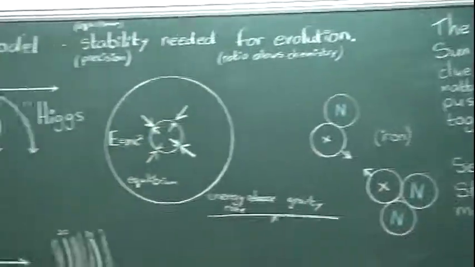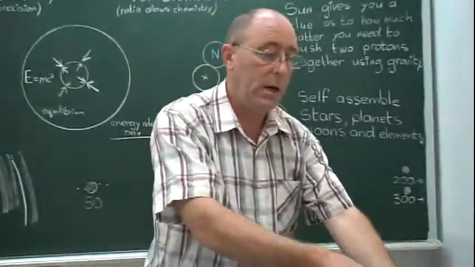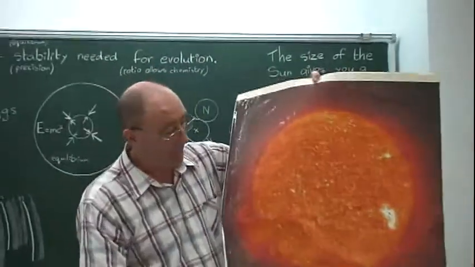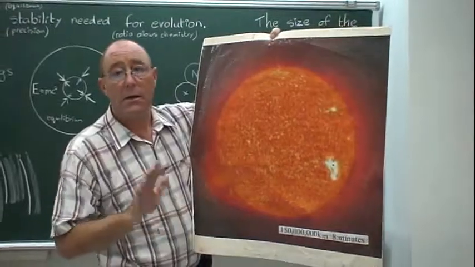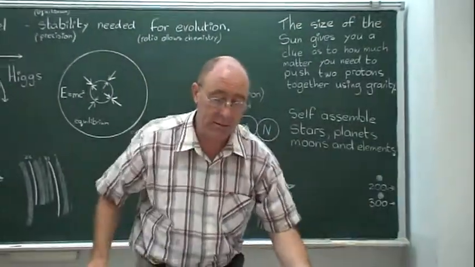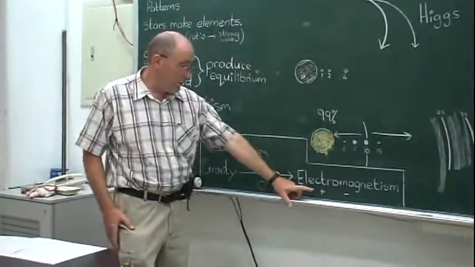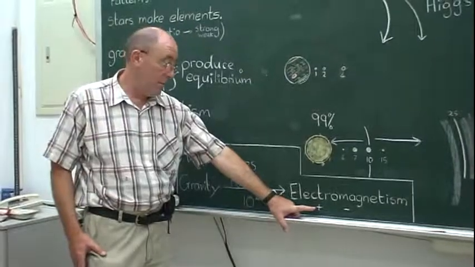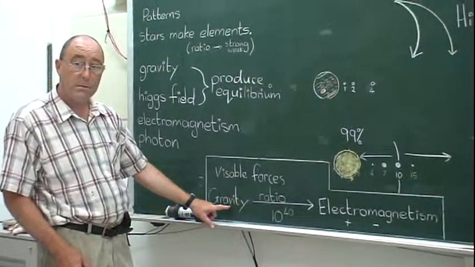So, if I could count all the particles that make the sun, that would be a number that I can't imagine. And I need that number of particles to push two repelling particles together using this force.